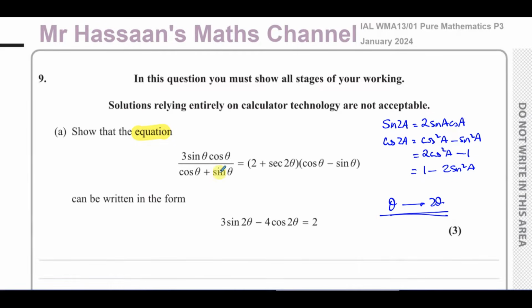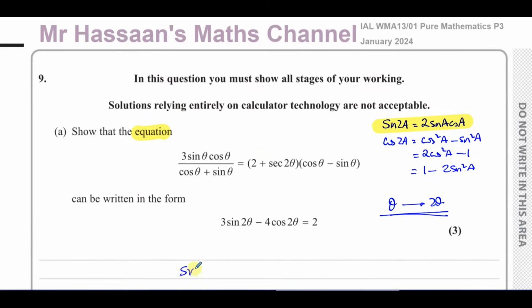So the first thing I see is this 3 sine theta cosine theta. It's kind of linked to this. I want to make this into a double angle. If you look at the pattern, the sine A cosine A became sine 2A, so sine theta cosine theta becomes sine 2 theta.